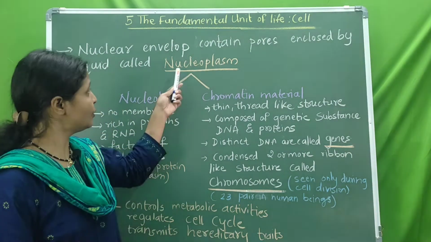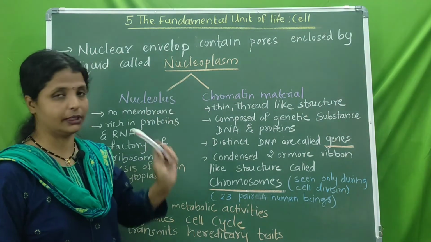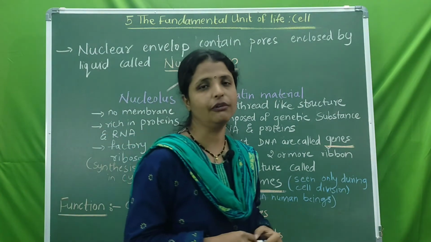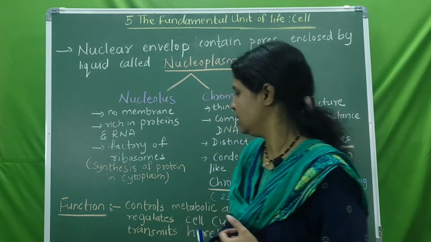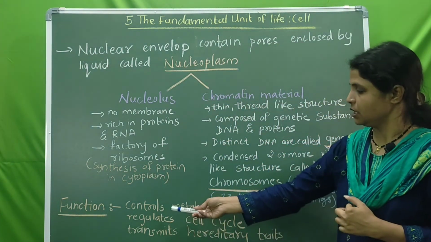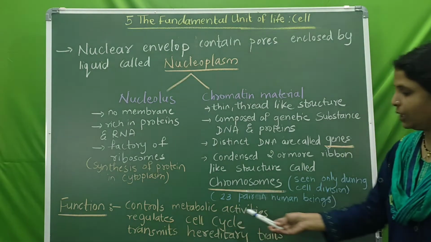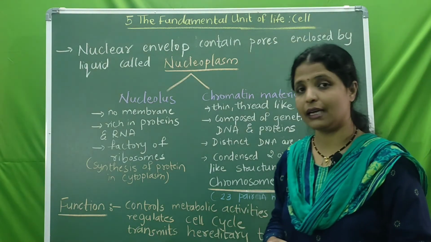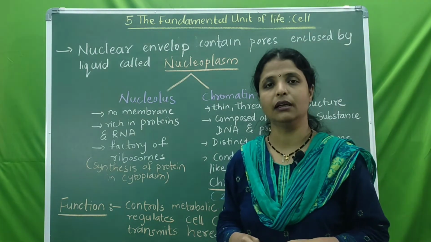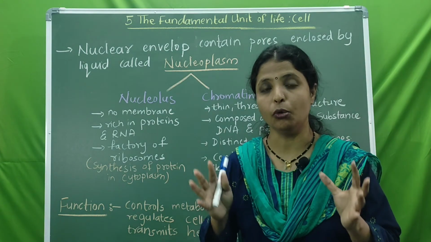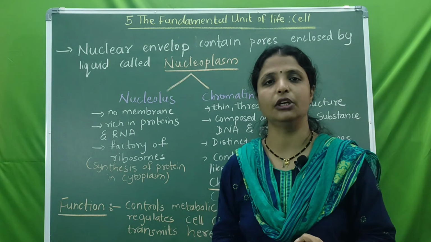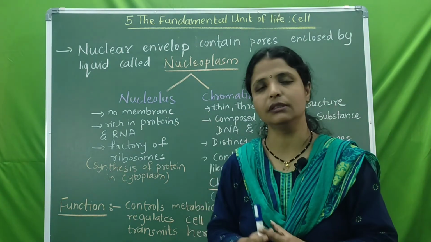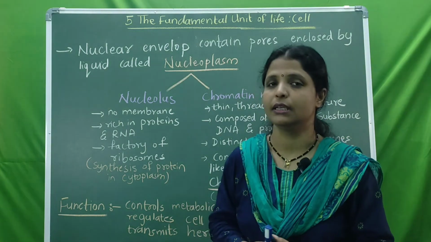Now this is about nucleoplasm, nucleolus and chromatin. Now what is the function of the nucleus? Mainly, what is the nucleus doing in the cell? So the nucleus controls metabolic activities. As I told you earlier, the brain controls the whole body in human beings. In the same way, the nucleus is controlling the whole and soul of the cell, the functions of the cell.